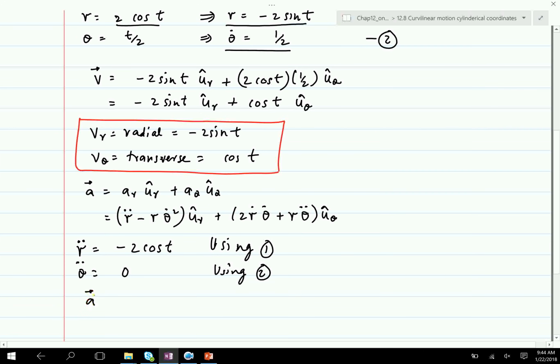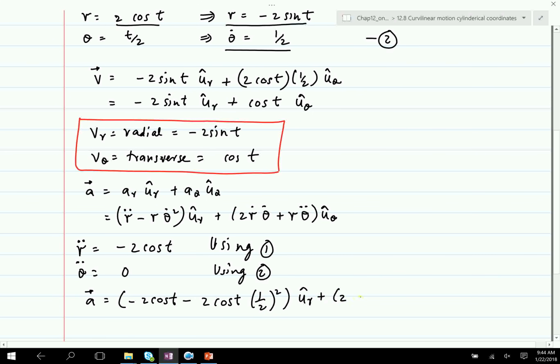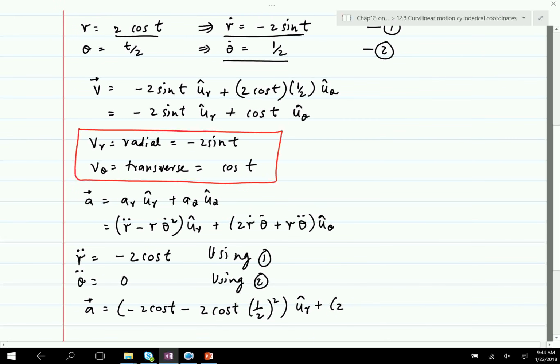So now acceleration is going to be minus 2 cosine t minus r, which is 2 cosine t, times theta dot square. Theta dot is half. Plus 2 r dot, r dot is minus 2 sine t, theta dot is half. Plus r times theta double dot, which is 0.